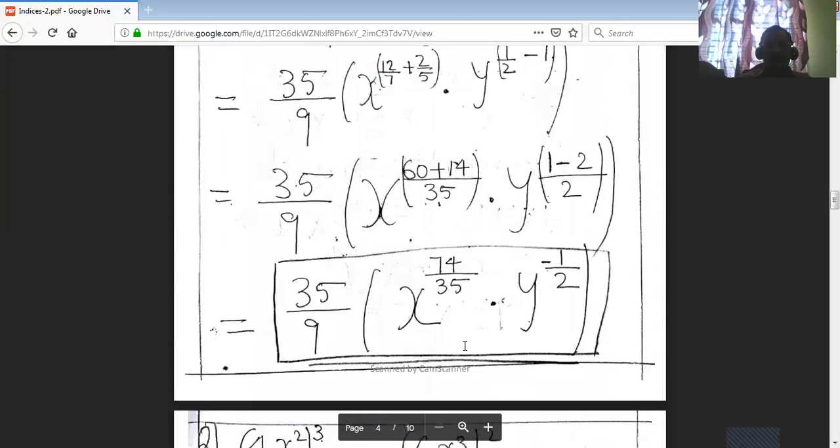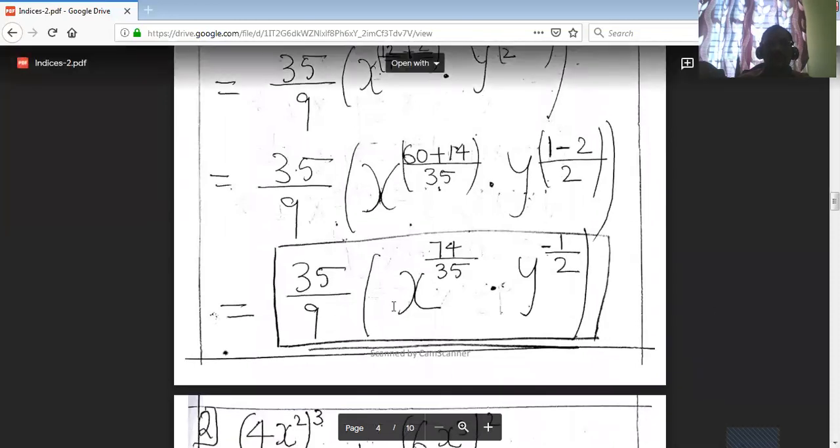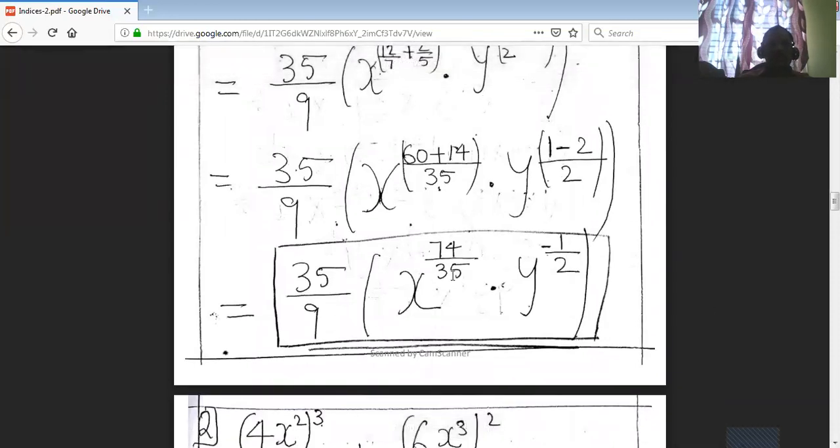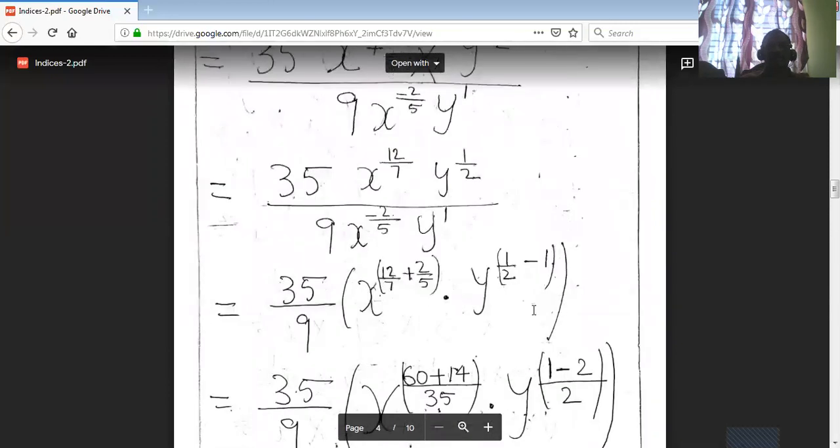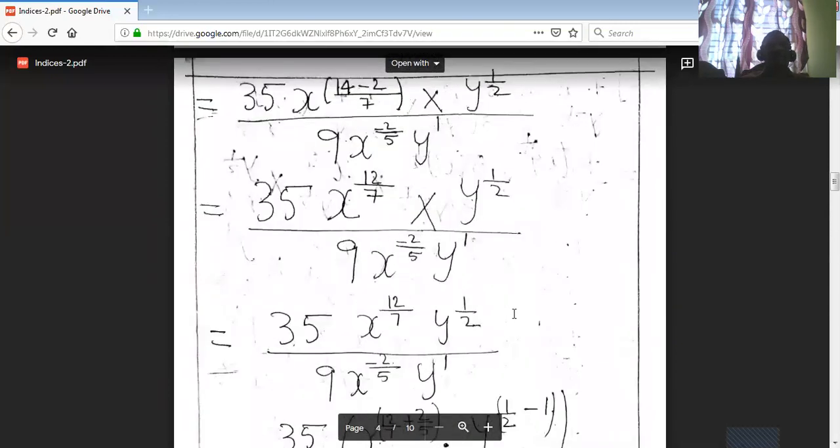The simplified form is this one, 35 divided by 9 x to the power of 74 by 35 into y to the power of minus half.